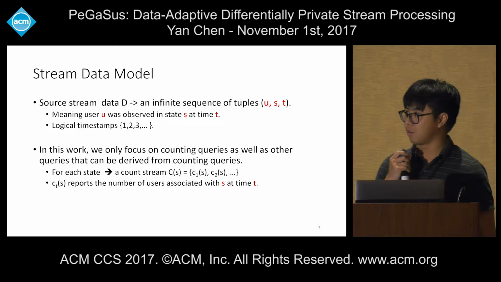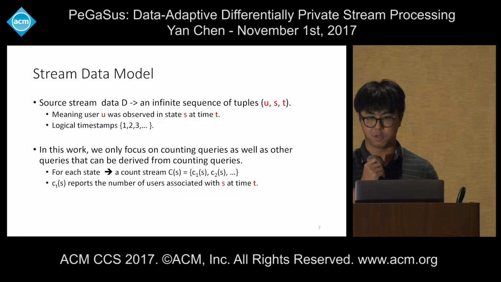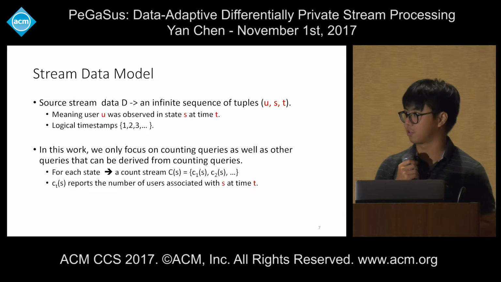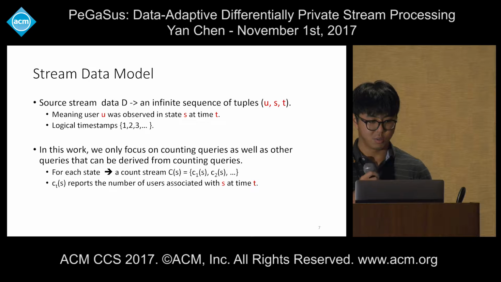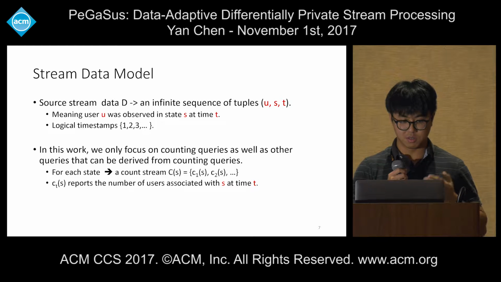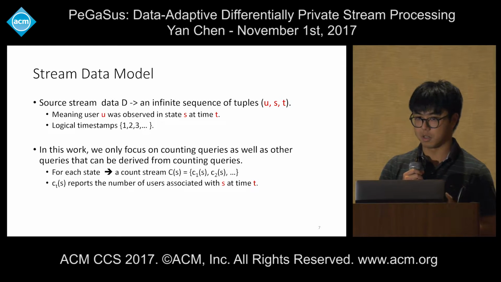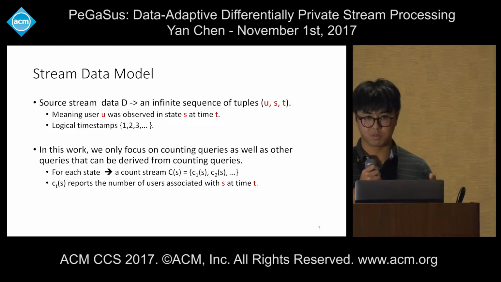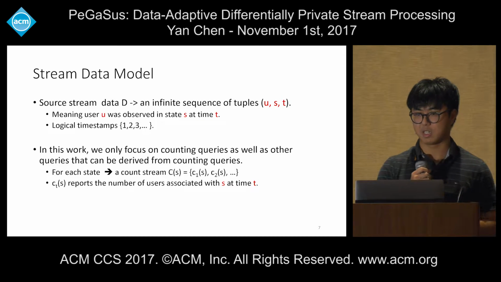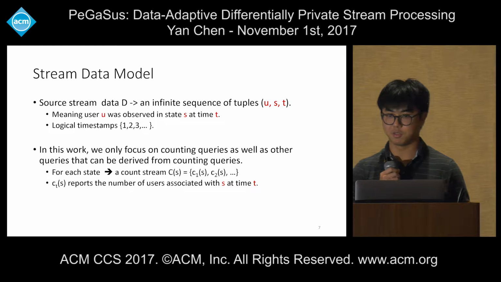In this work, we define the stream data model as follows. We define the source stream data as an infinite sequence of tuples. One tuple (u, s, t) means that user u was observed in state s at time t. To make it simple, we use logical timestamps, so every timestamp represents one time interval.